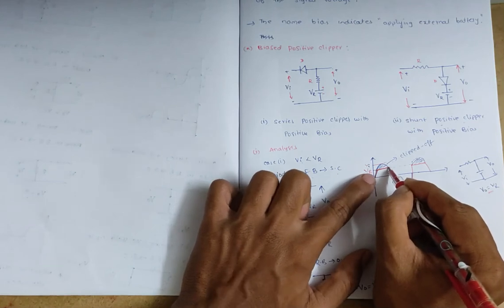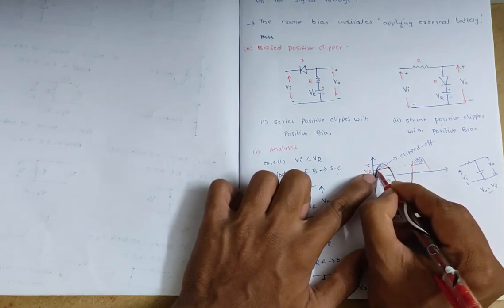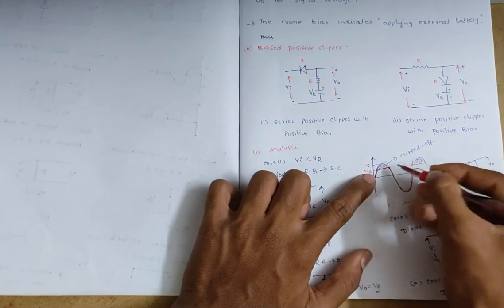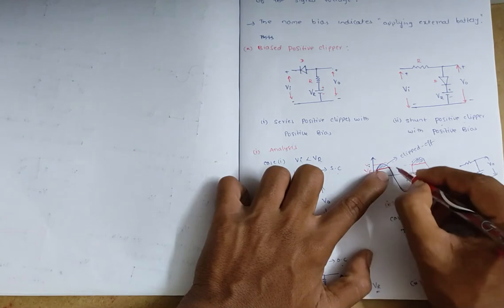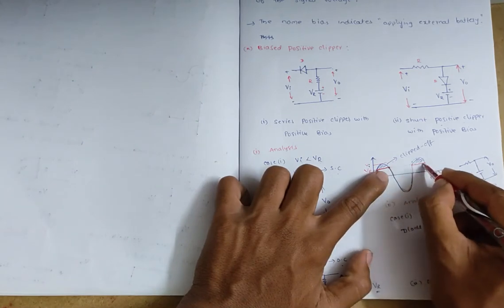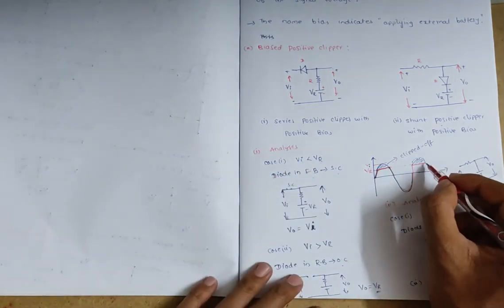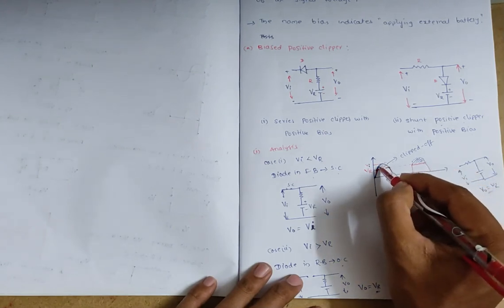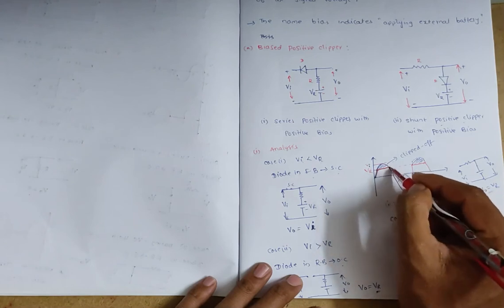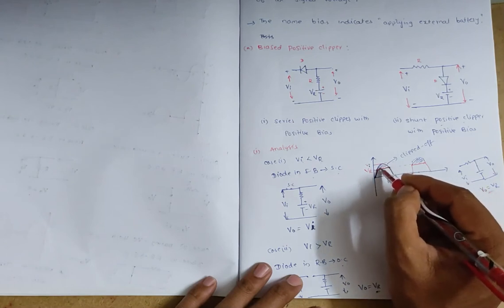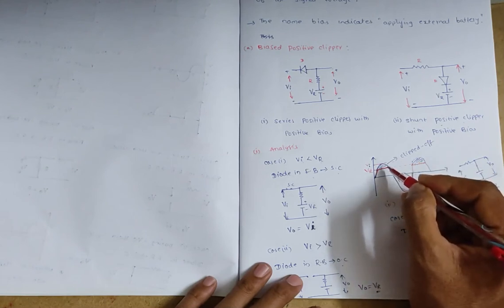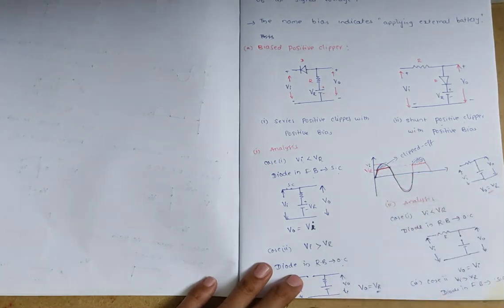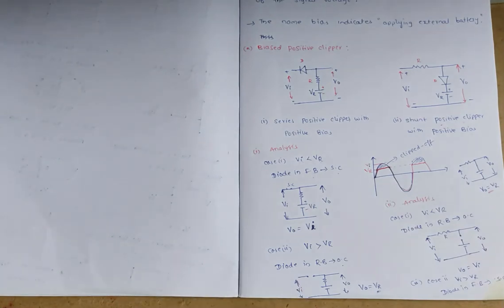Again, when Vi is less than the VR value, whatever input we applied, we will get like this only. So we are clipping a small amount of the positive half cycle. We are not clipping the entire positive half cycle. So it is called biased positive clipper.